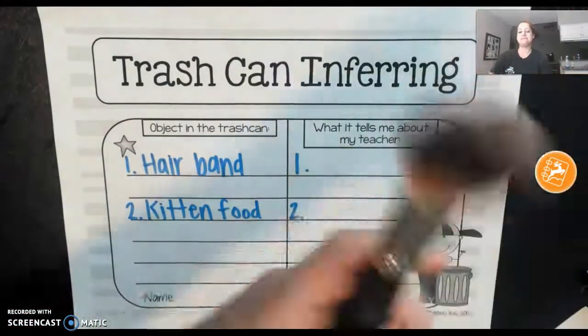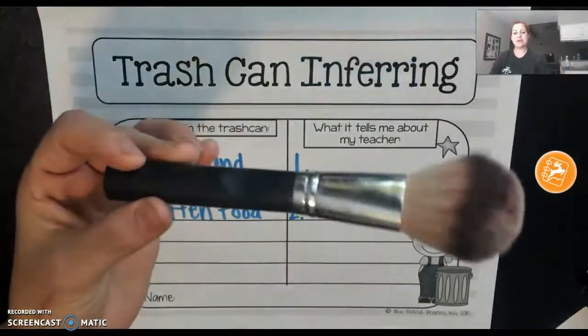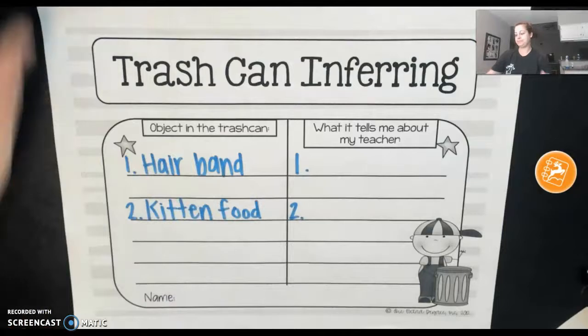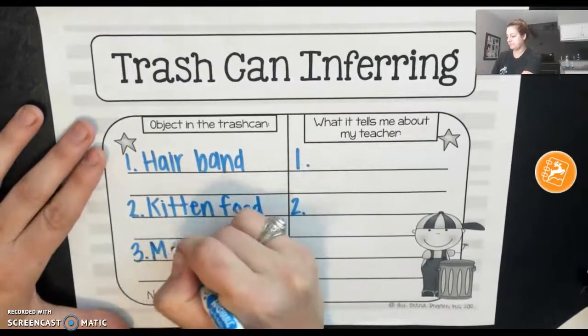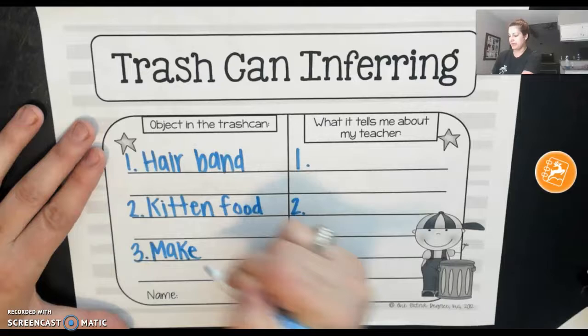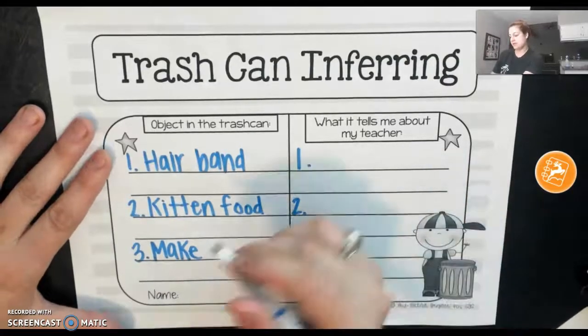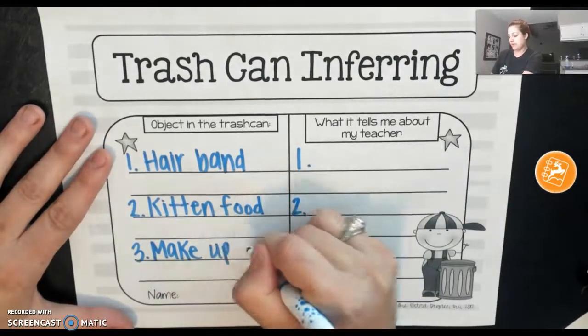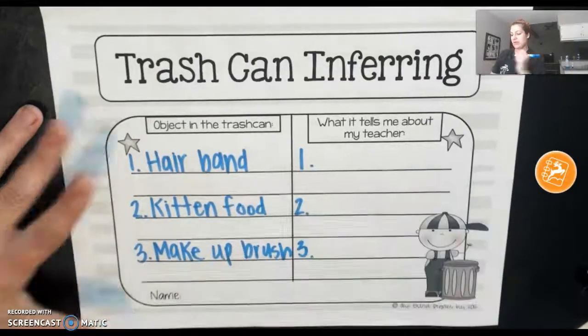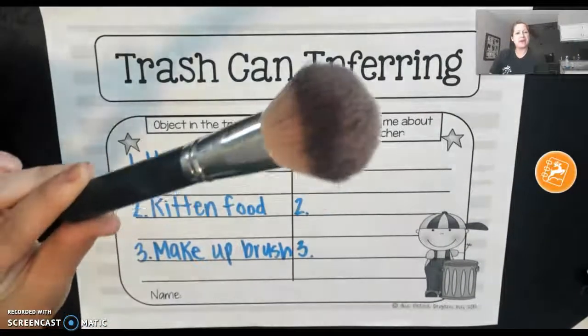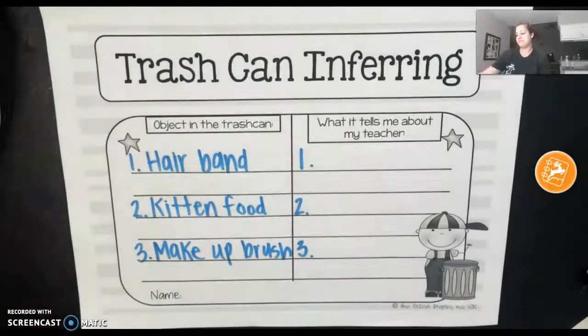And the last thing is a makeup brush. Number 3, a makeup brush. What do you know about that object? Makeup brush. What do you know about me? And what inference can you make for why I have a makeup brush? So this is a fun activity.